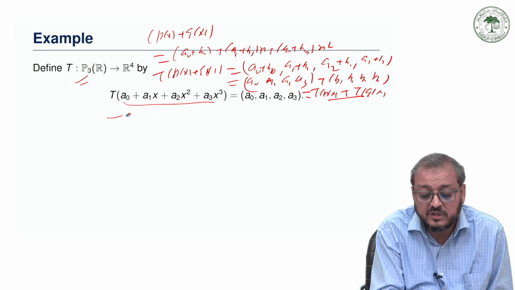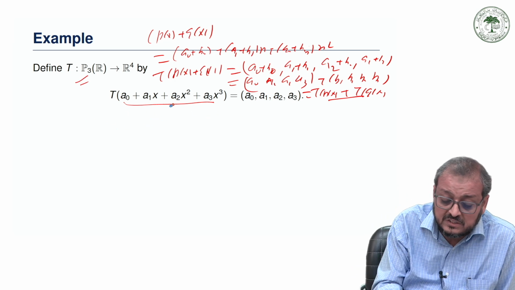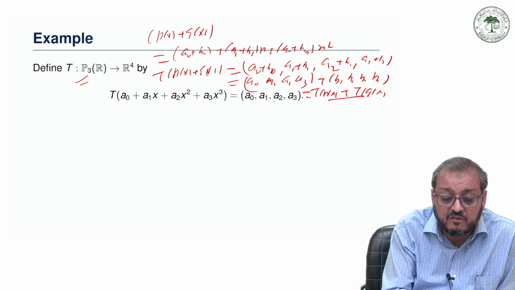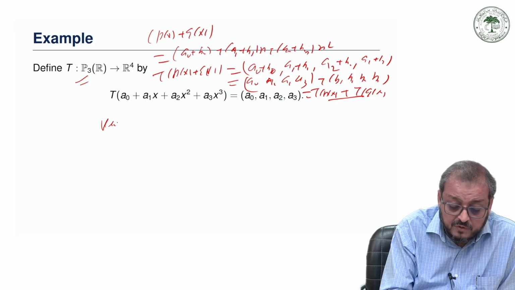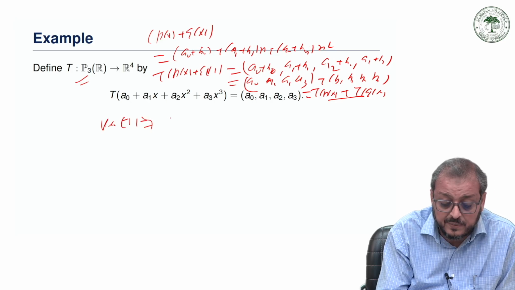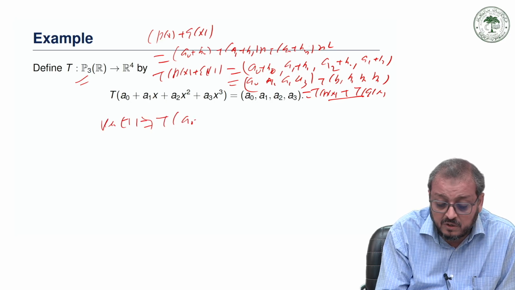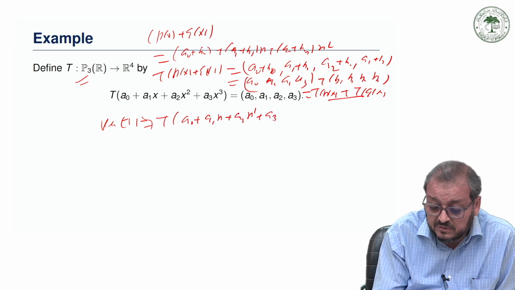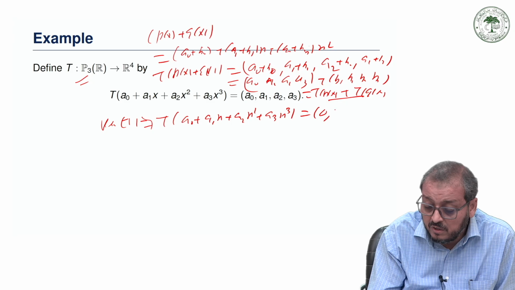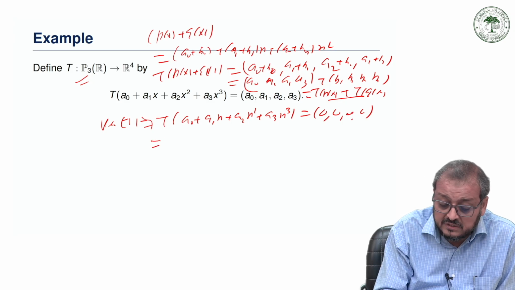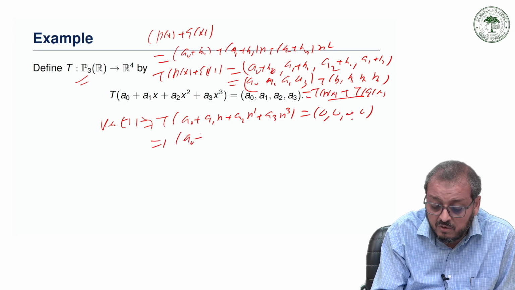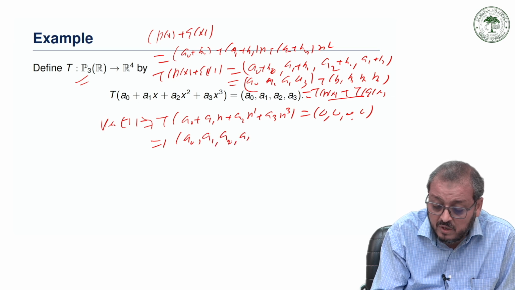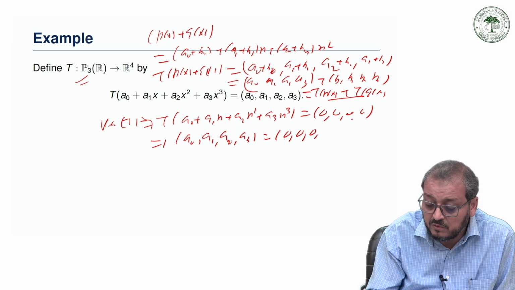And now next we show whether it is non-singular or not. So what we check is whether it is 1-1 or not. So we find the kernel. The kernel of T means T of a0 plus a1 x plus a2 x square plus a3 x cube is equal to 0, 0, 0, 0, and this implies that T is defined in the form a0, a1, a2, a3 equal to 0, 0, 0, 0.